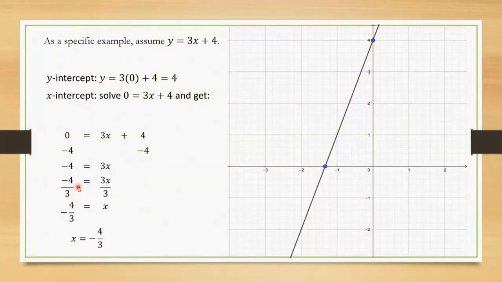Then we divide both sides by 3, and when you do that, these 3's cancel. You get -4/3. So this point here is going to be -4/3. In other words, the coordinates of that point are -4/3, comma, 0. That's what we get there.